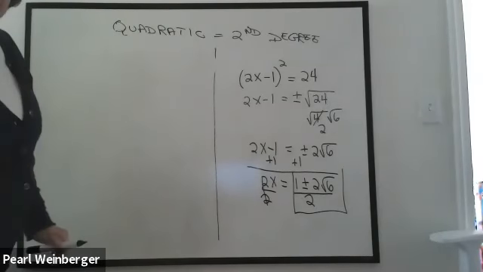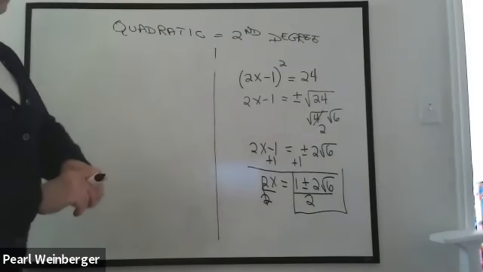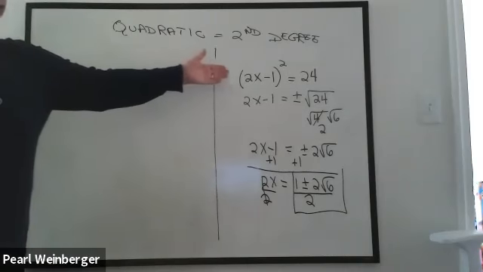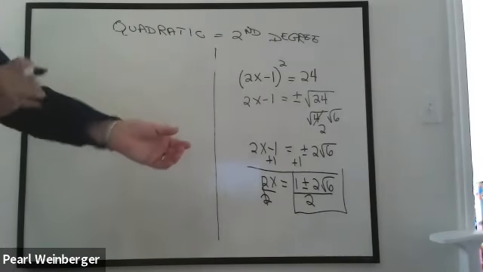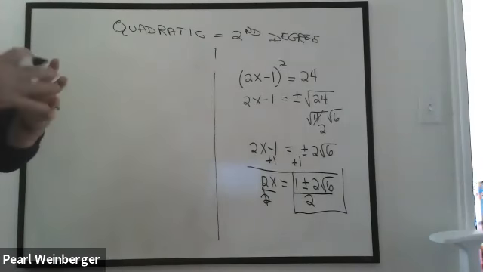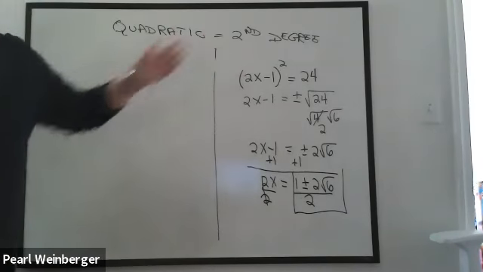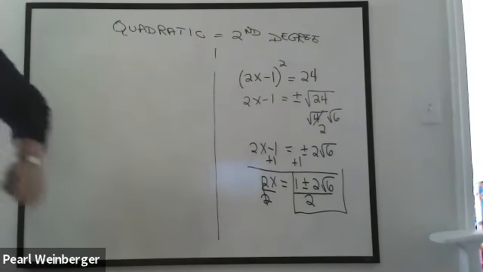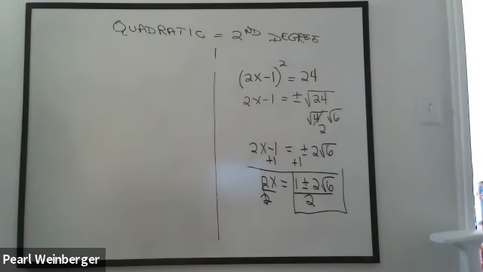But we can only use it if we have something squared equaling a number, either just a plain x squared or some expression squared. But most examples that we have don't fit that expression.